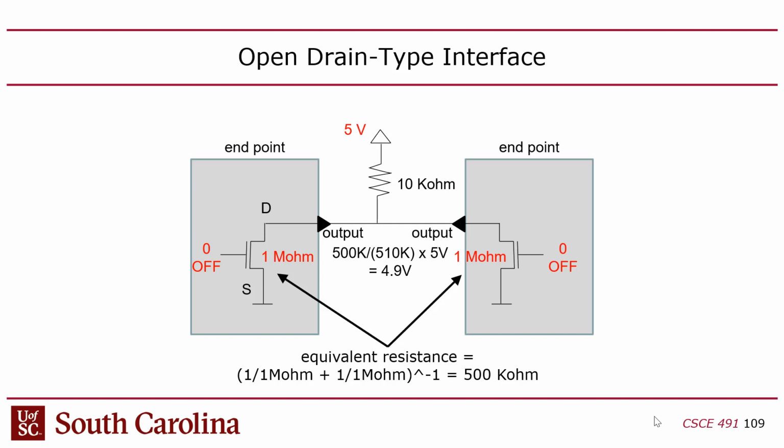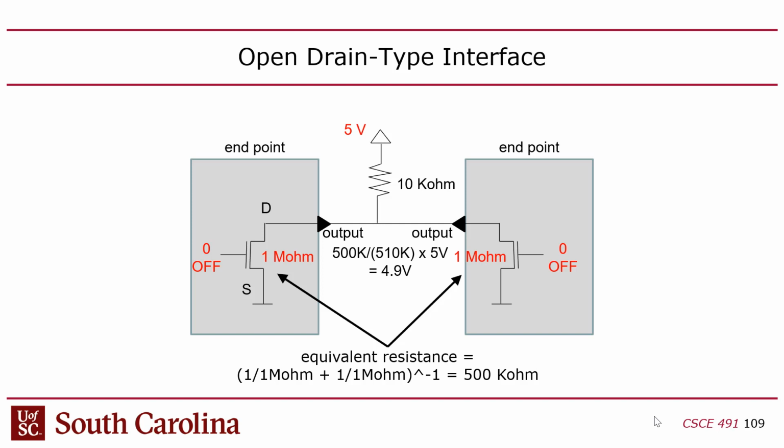So even if it's a mega ohm and you have a 10 kilo ohm pull-up resistor, you end up with a voltage divider that is 10 kilo ohms up to VDD, and, assuming there are 2 drivers, 2 parallel resistors down to ground, with an equivalent parallel resistance of 500 kilo ohms. So with 10 kilo ohms up and 500 kilo ohms down, the voltage would be about 4.9 volts, still very close to 5 volts. And in reality, these are probably closer to 10 mega ohms when they're off.